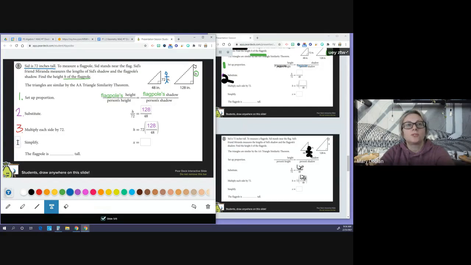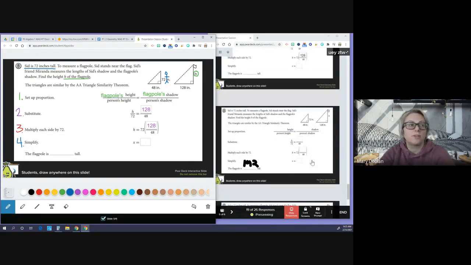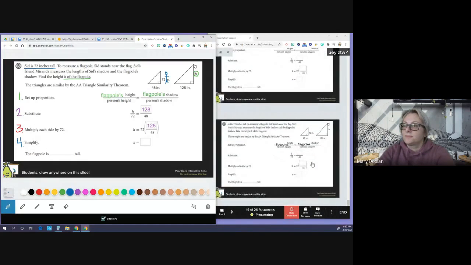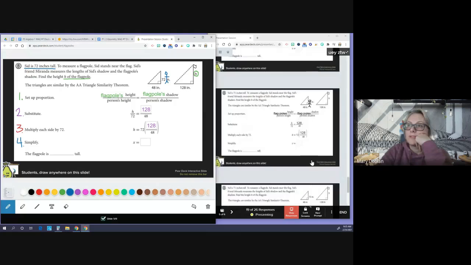And then we're going to simplify. So 72 times 128 divided by 48. You can use a calculator. Let's see if anybody's figured out the answer yet. What are we going to get when we simplify?